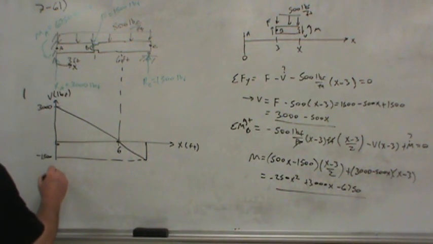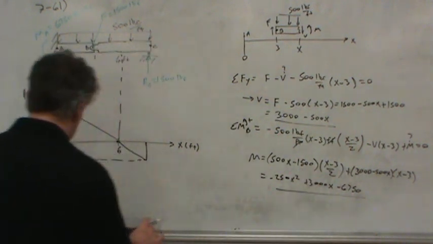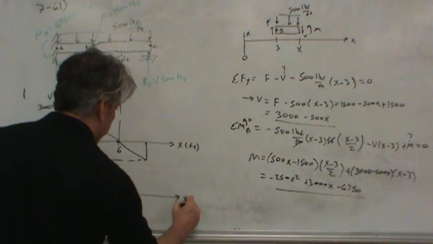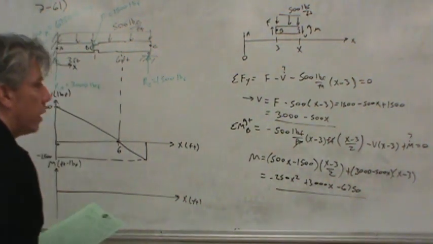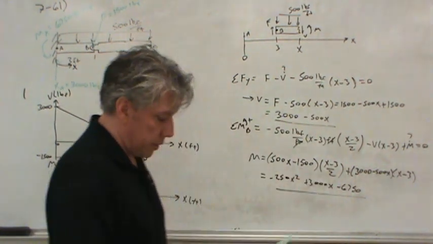Okay. What about the moment diagram in foot pounds? All we've got to do is plot this equation. Well, let's see. At x equal to 0, we get negative 6,750.